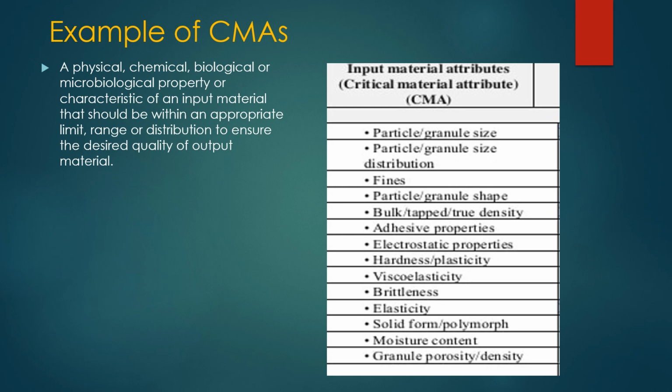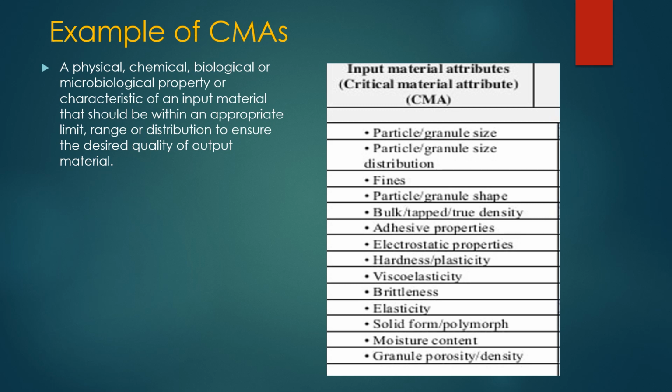Example of CMAs. A CMA is a physical, chemical, biological or microbiological property or characteristic of an input material that should be within an appropriate limit, range or distribution to ensure the desired quality of output material.